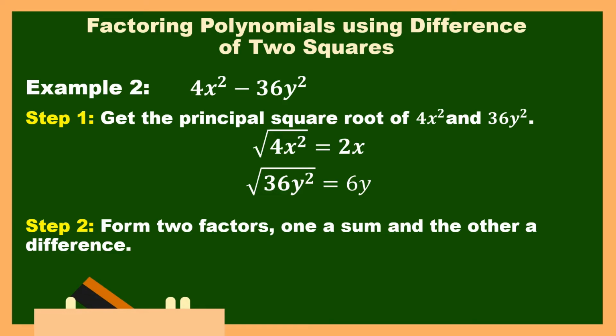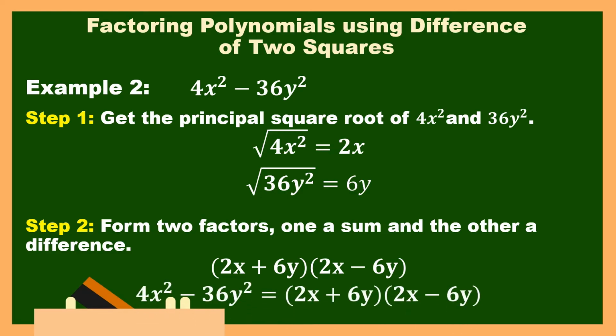Ang isa ay sum of two terms and ang isa naman ay the difference of two terms. Gagamitin natin dito yung ating square root na 2x and 6y. So, we have the factors of the quantity of 2x plus 6y and the quantity of 2x minus 6y.